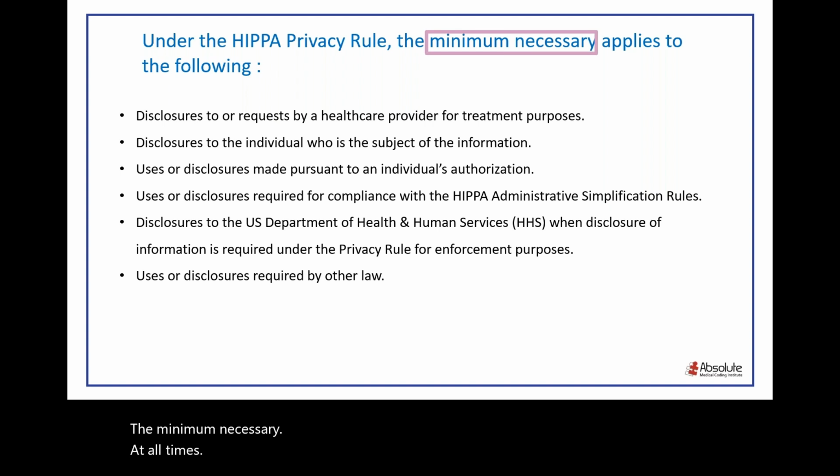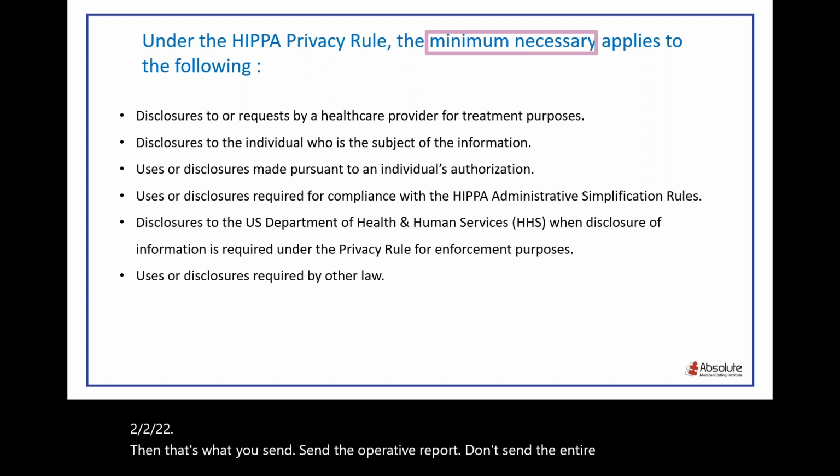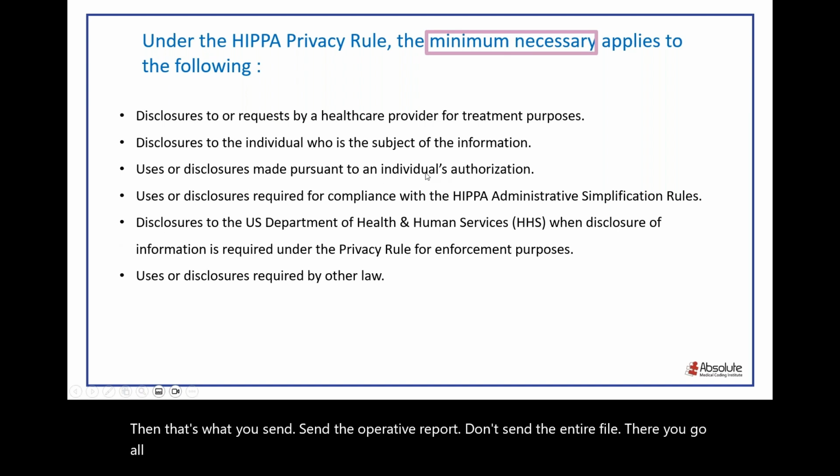So if a payer says, hey, I need an operative report for this procedure on 2/2/22, then that's what you send. Send the operative report. Don't send the entire file. There you go. All right, so minimum necessary.